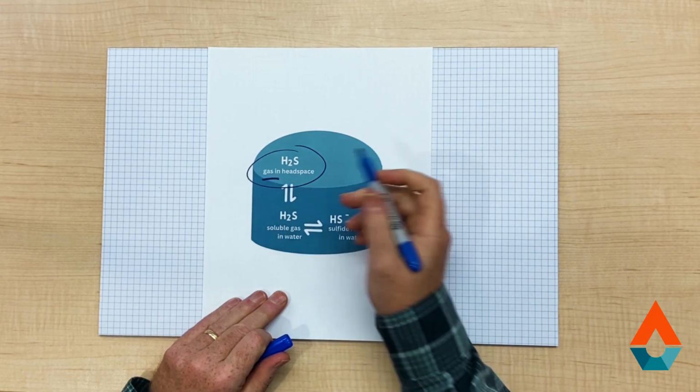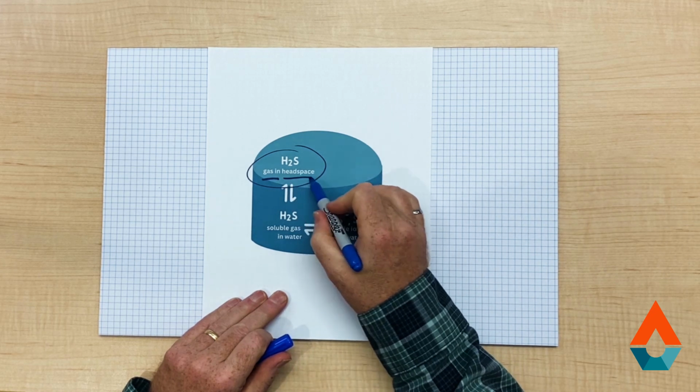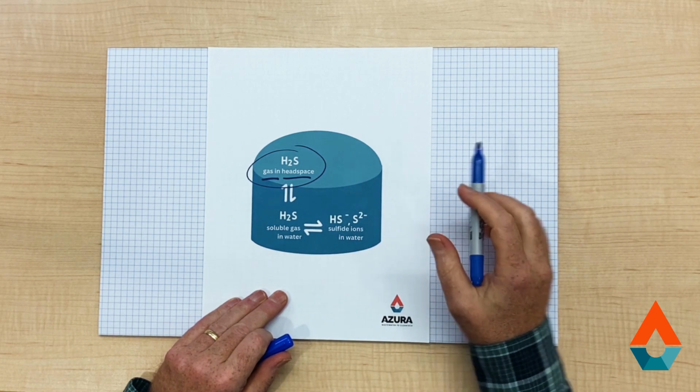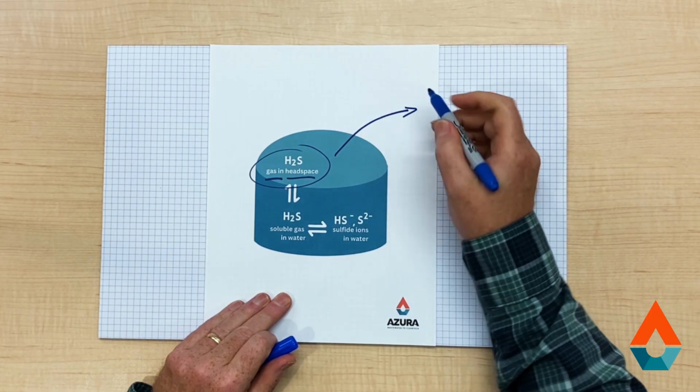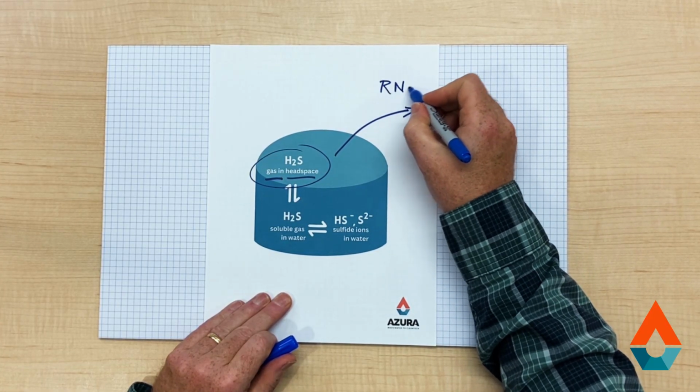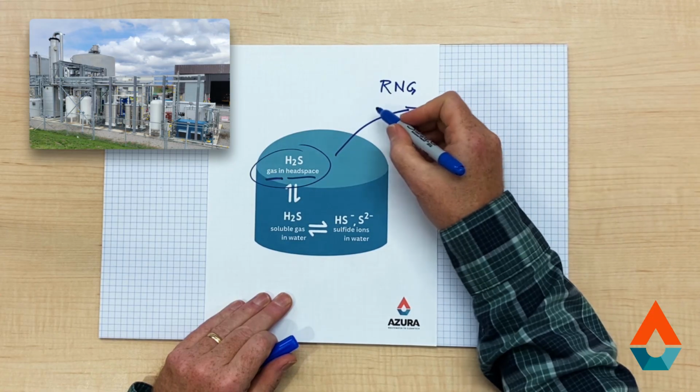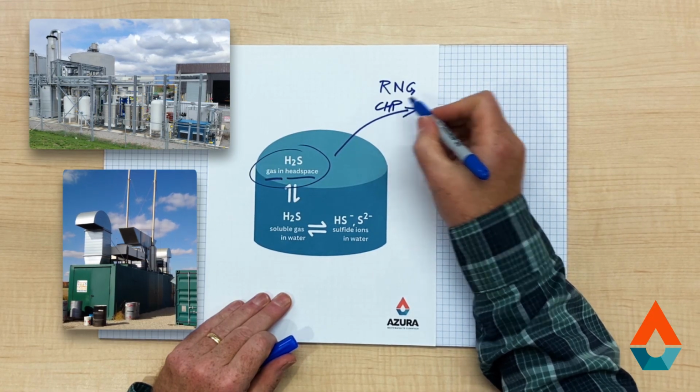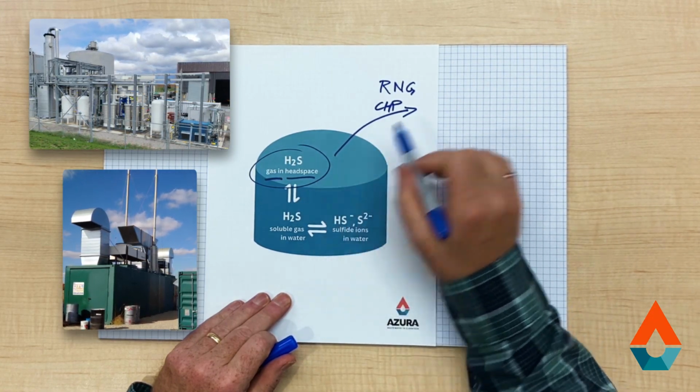This is gas in the headspace and in the biogas. So in terms of the important parts, the revenue piece, the hydrogen sulfide in the gas goes off with the biogas, and this goes to your RNG upgrader or your CHP engine. So that's where that is important.